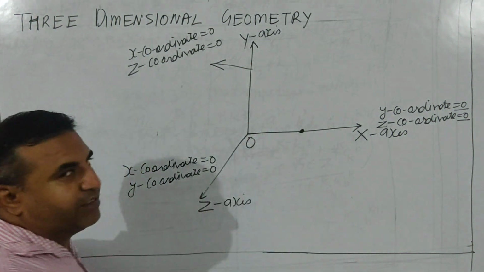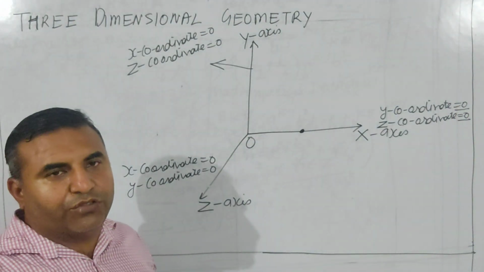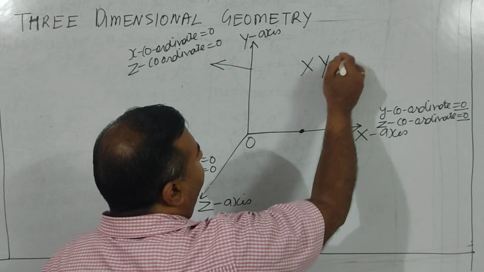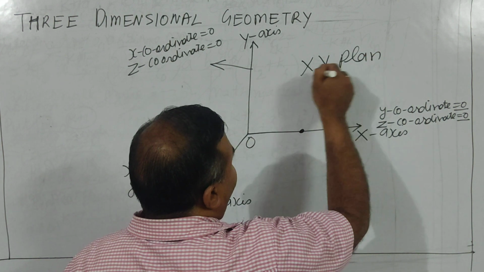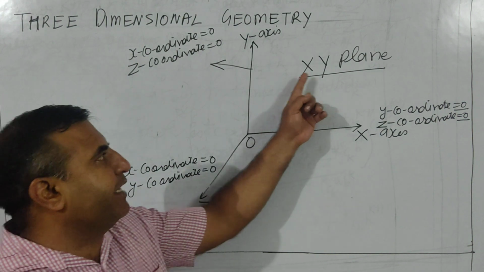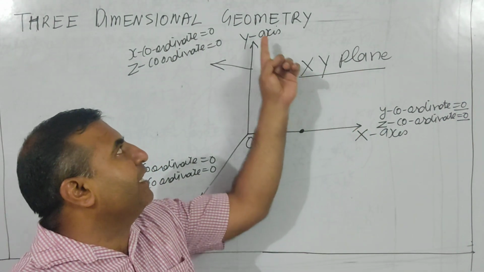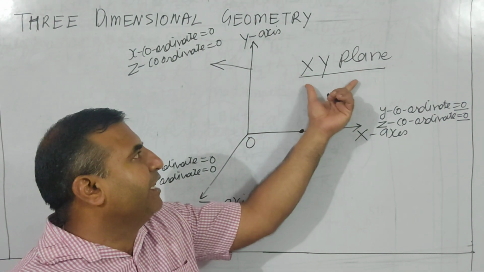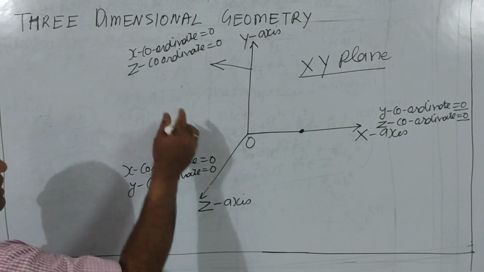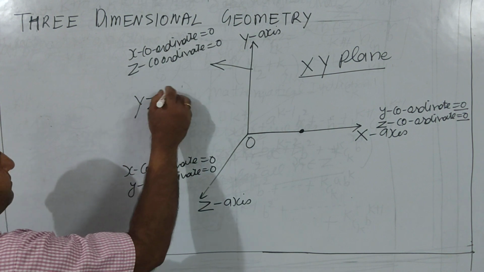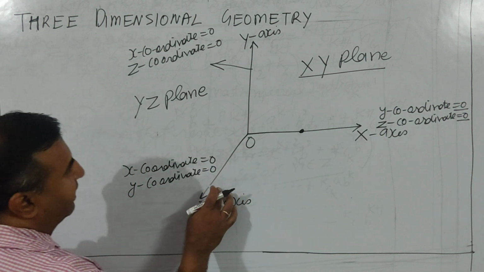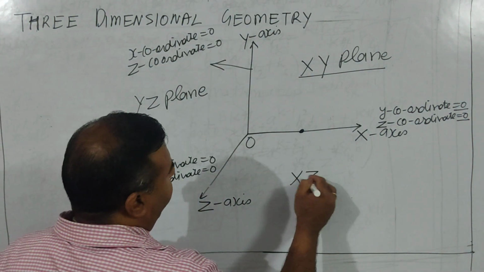The x-axis and y-axis together make the xy plane. This is the xy plane. Similarly, the z-axis and y-axis make the yz plane, and the x-axis and z-axis make the xz plane.